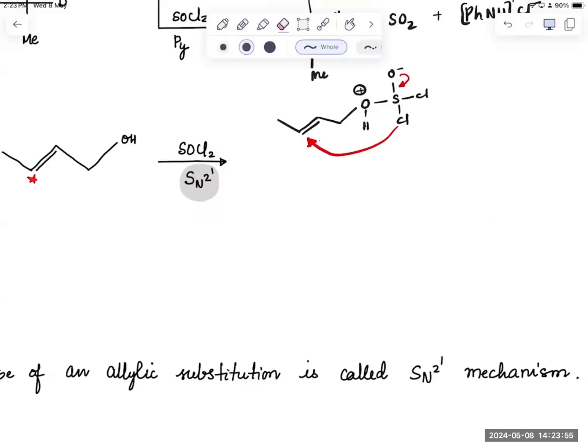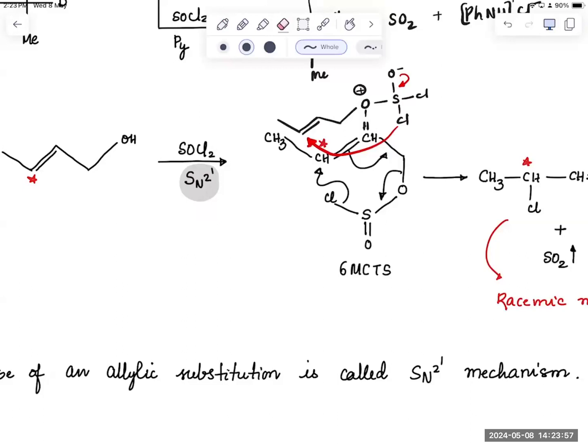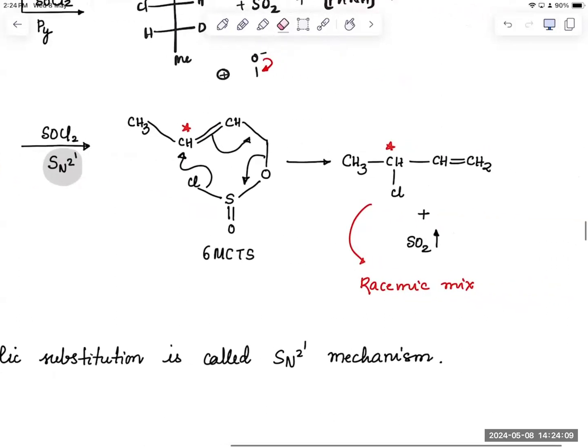Clear? So you will see the product here now. The attack would happen from this Cl end, this bond will move again, and we will get a double bond on the terminal carbon.